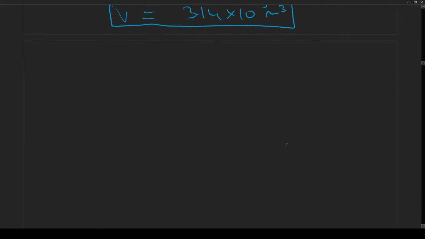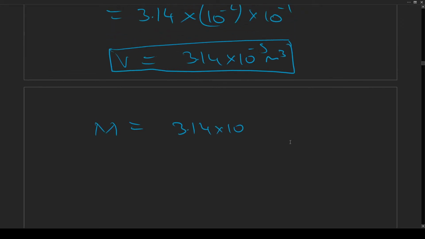Now substituting all the values, magnetic moment is equal to 3.14 into 10 power minus 5 into the magnetic intensity H value, that is 10 power 3, into approximately 500, 5 into 10 power 2.